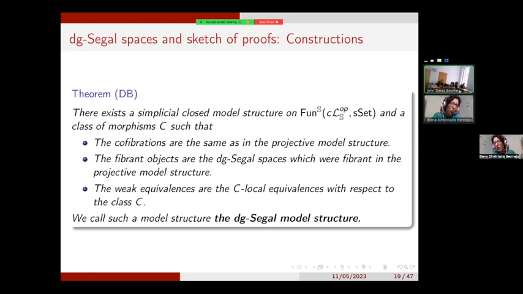Now, once we have the correct definition of a DG-Segal space, it is relatively straightforward to prove that we have a simplicial model structure in which these DG-Segal spaces are the fibrant objects. This is just a left Bousfield localization. And so we call this model structure the DG-Segal model structure.